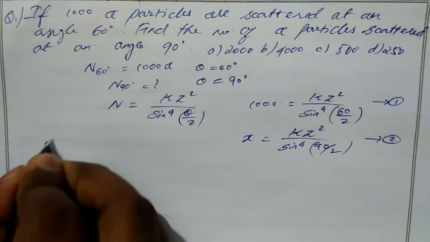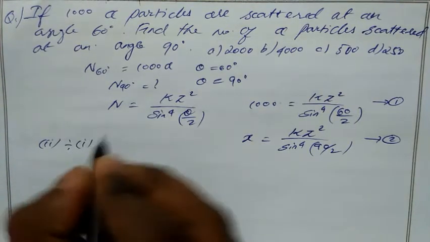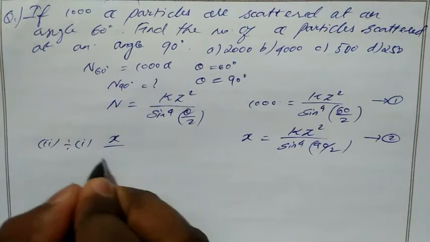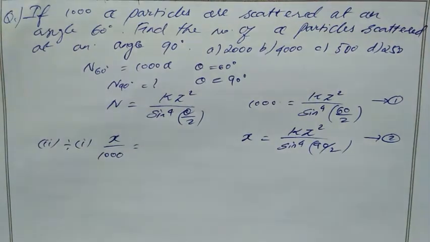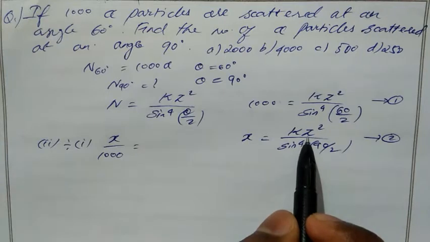So divide 2 by 1, then we have x divided by 1000 equal to, k Z square gets cancelled.